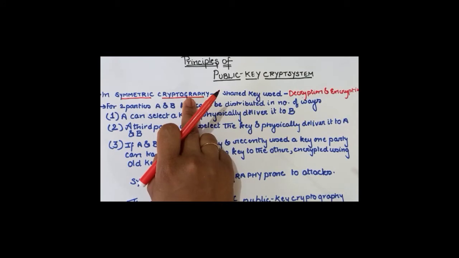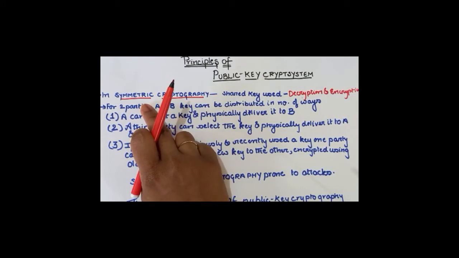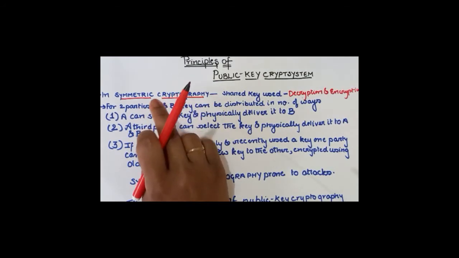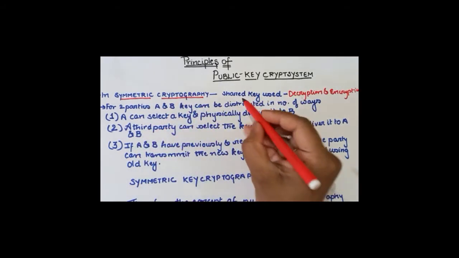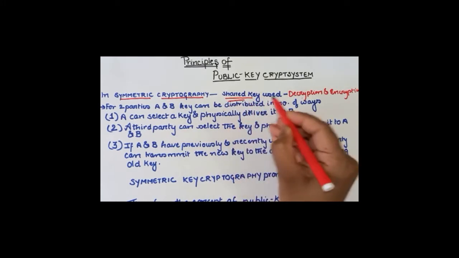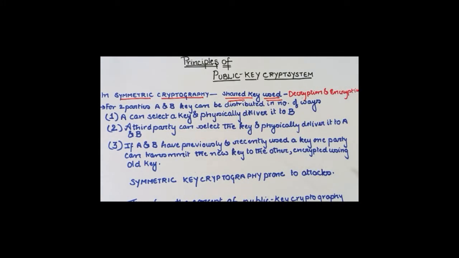Now, in module 1, I also told you that if two parties A and B want to distribute this shared secret key amongst themselves, for suppose I have to send you a message and we are talking in terms of symmetric cryptography, then I know that encryption at my side and decryption at your side will both be using the same key.